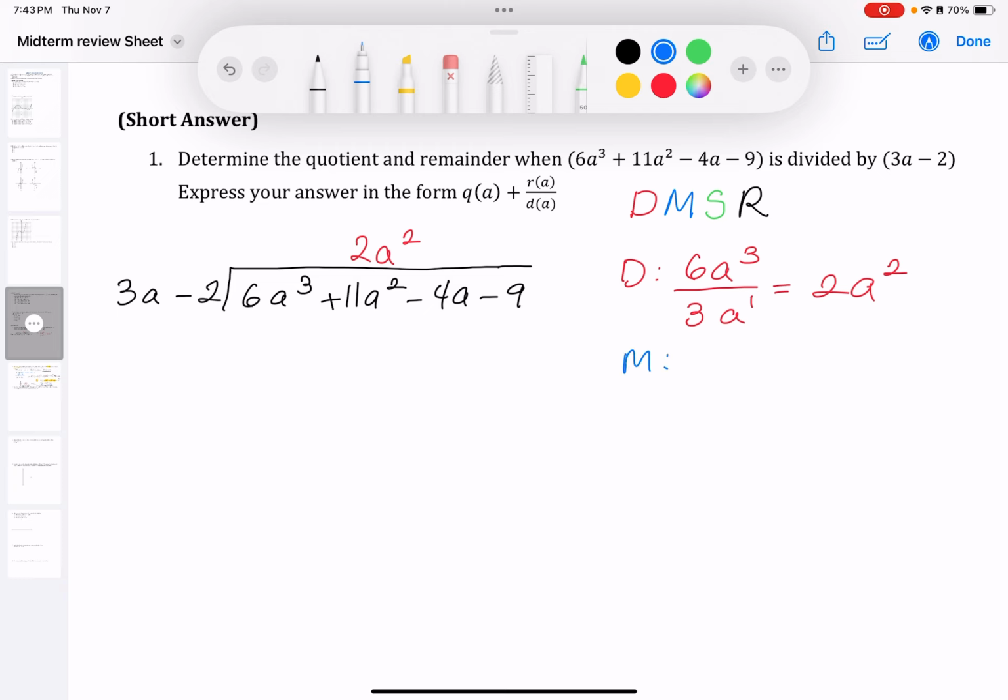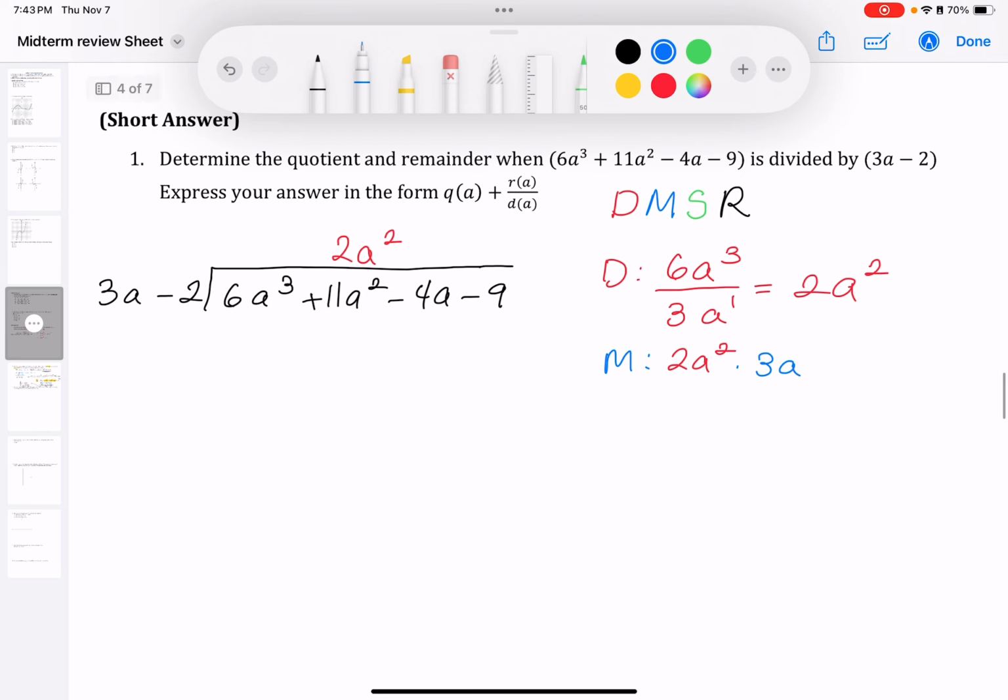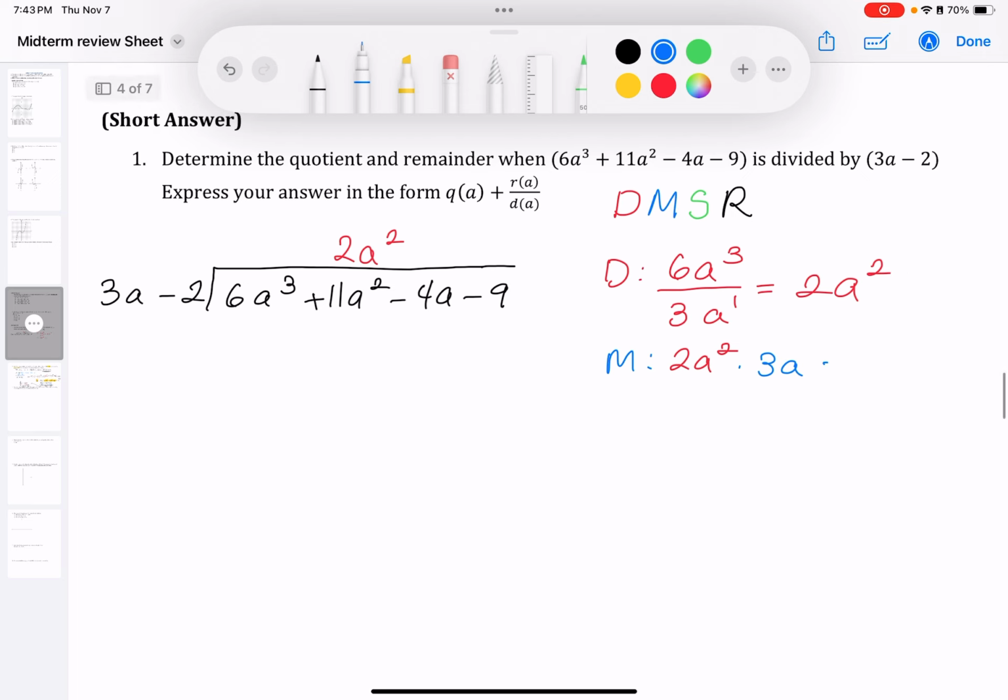Then we're going to multiply. So first we're going to multiply the term on top with our divisor. So that's going to be 2a squared times 3a. 2 times 3 is 6.